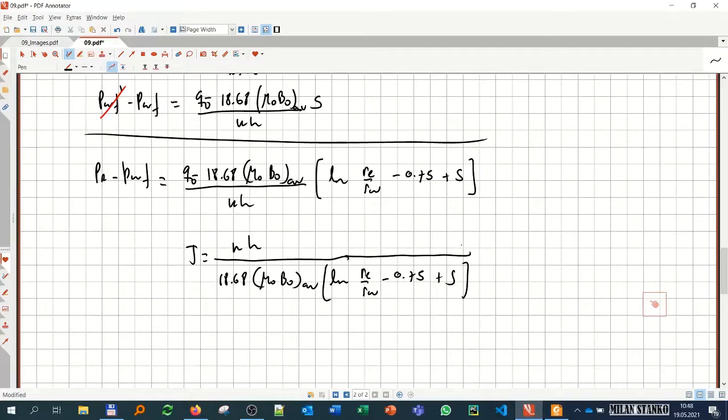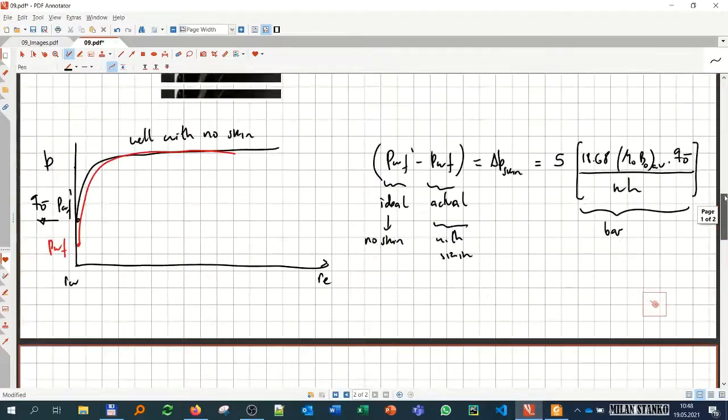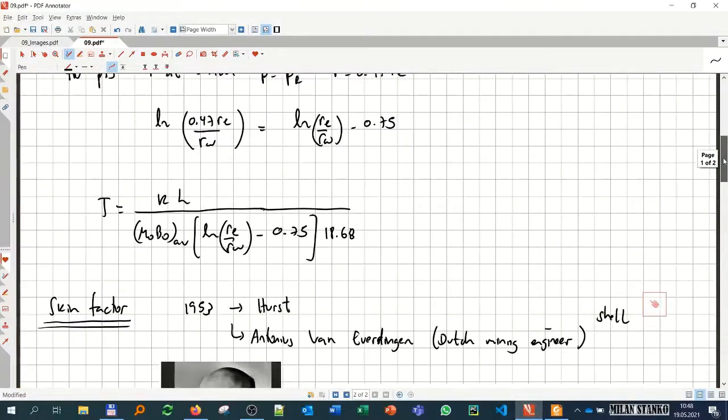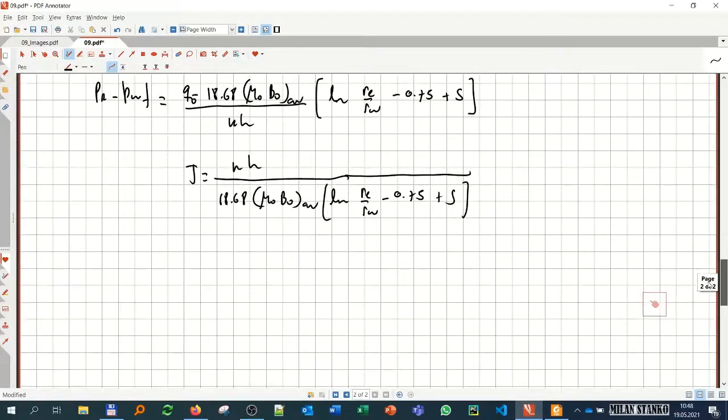It's almost exactly the same as the equation with no skin, which assumes a lot of things are ideal, but with this additional term. We said this one is due to the convergence, this one is due to the boundary, which is very small, and this is due to the skin, the near wellbore non-idealities.